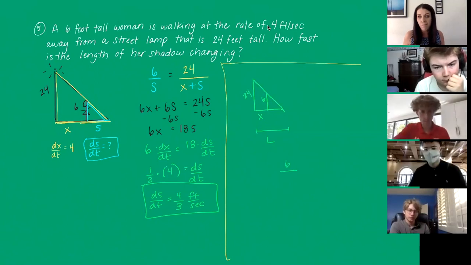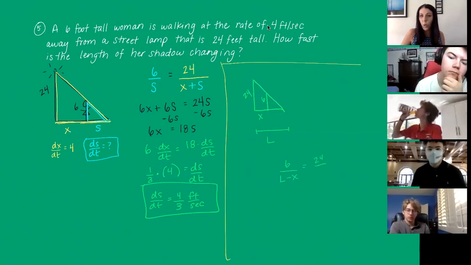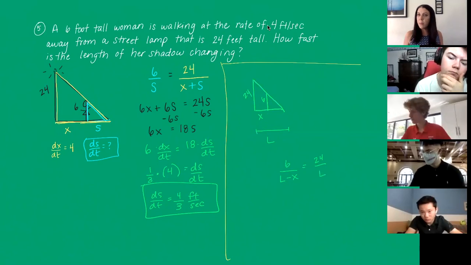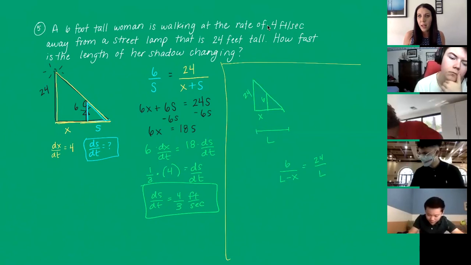Anybody? L minus x. You guys got it. Okay, so L minus x, and then it would be equal to 24 over what? L. L, perfect. So it's a little bit of a different equation, exact same setup, exact same next process: you multiply, right? And then you simplify your like terms and then you take a derivative.